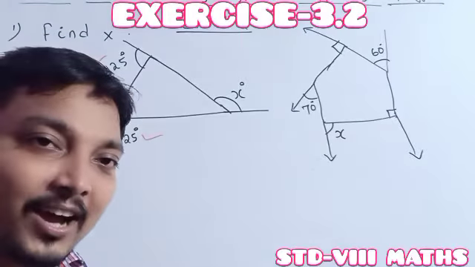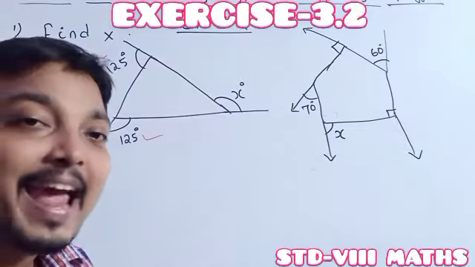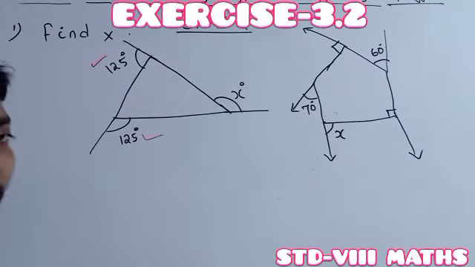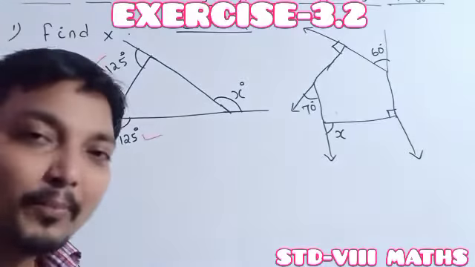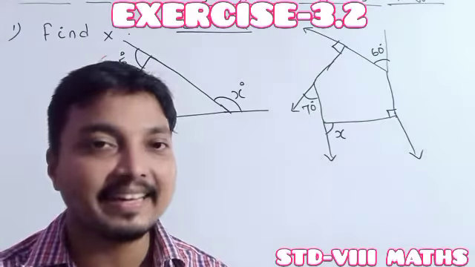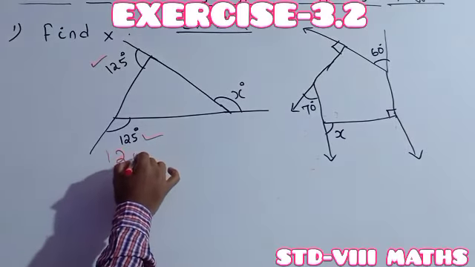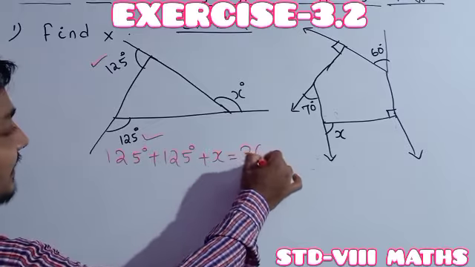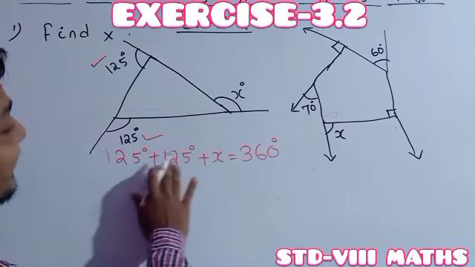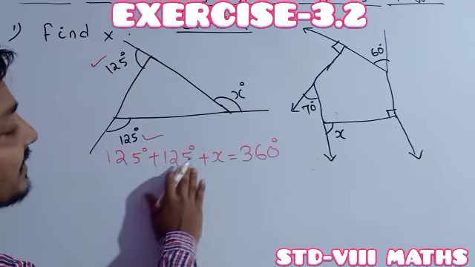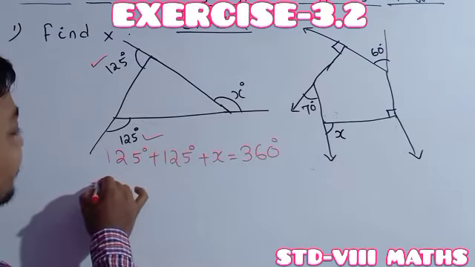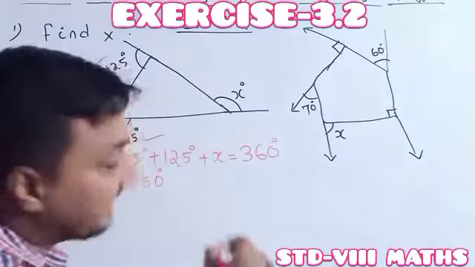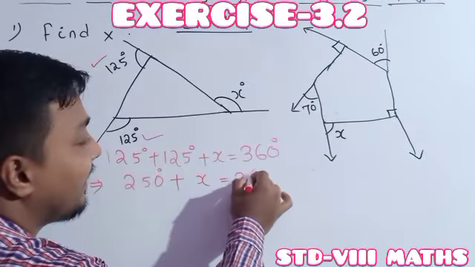As it is related to exterior angles, everyone knows the sum of the exterior angles of a polygon. So we write, according to the rule, that the sum of the exterior angles of a polygon is 360 degrees. So 125 degrees plus 125 degrees plus x is 360 degrees. A triangle has three exterior angles, so their sum is 360 degrees. 125 plus 125 becomes 250 degrees, so 250 degrees plus x is 360 degrees.